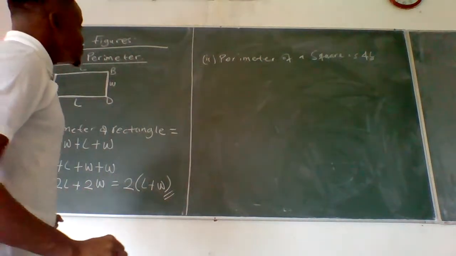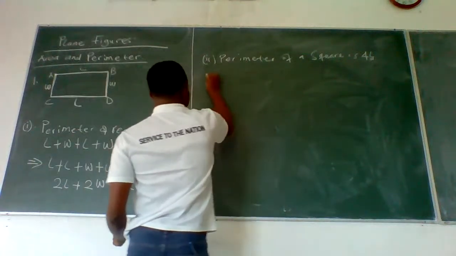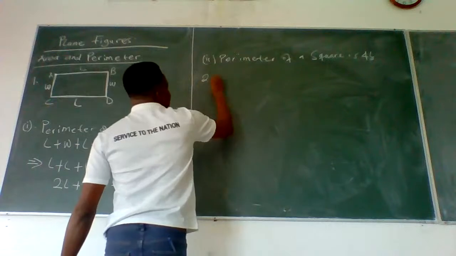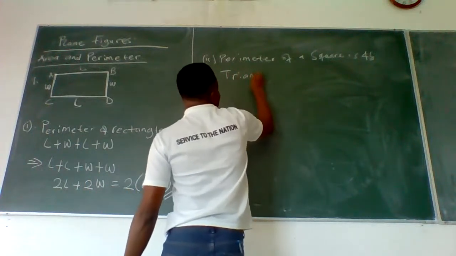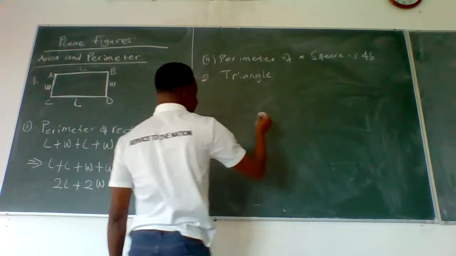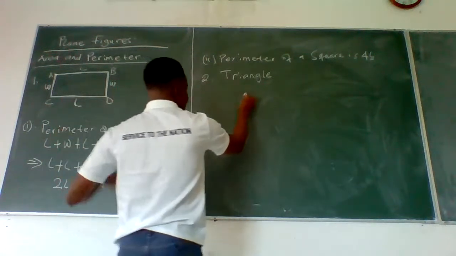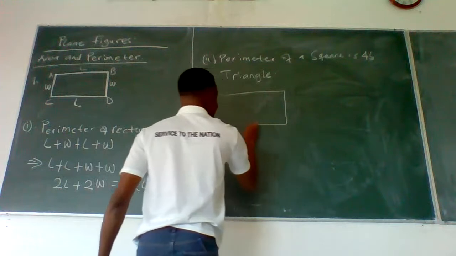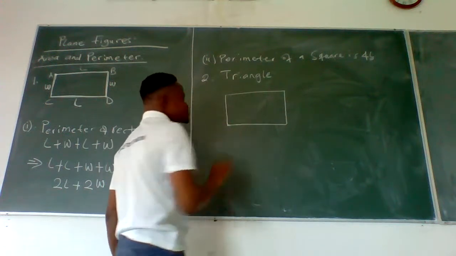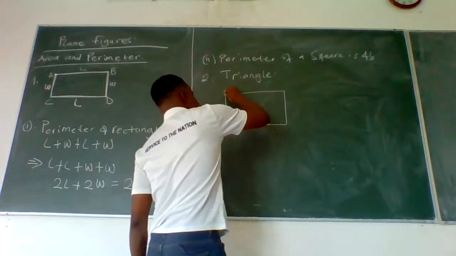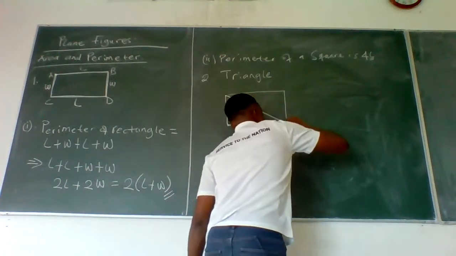Okay, now let's move to the triangle. When we look at this figure, we have this rectangle. Out of the rectangle, I can get what we call a triangle by dividing it diagonally.